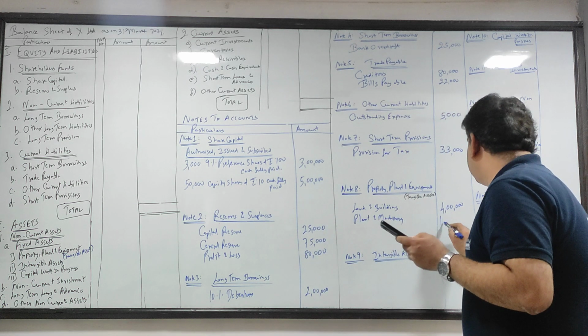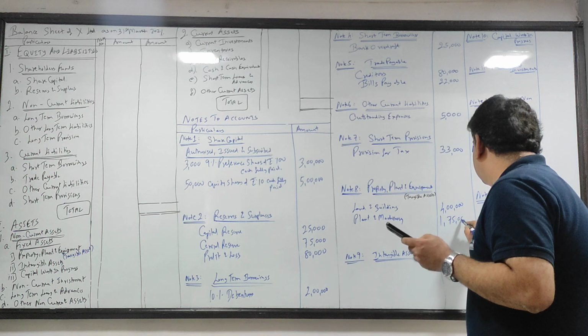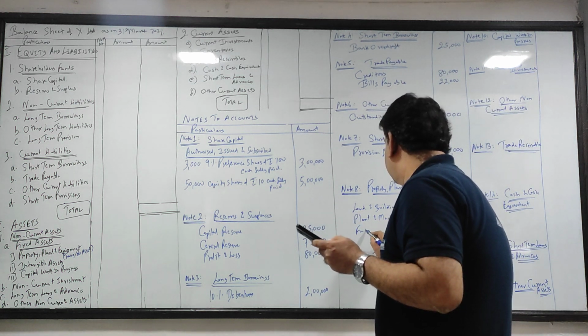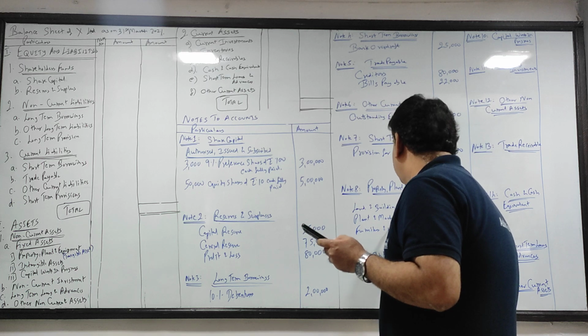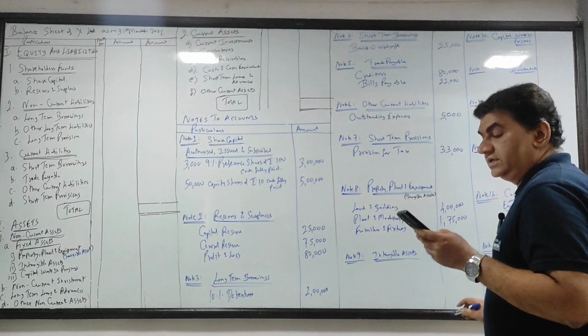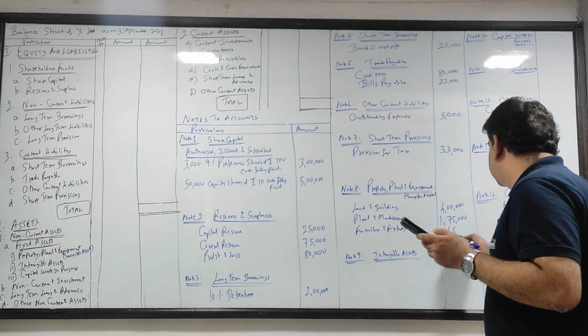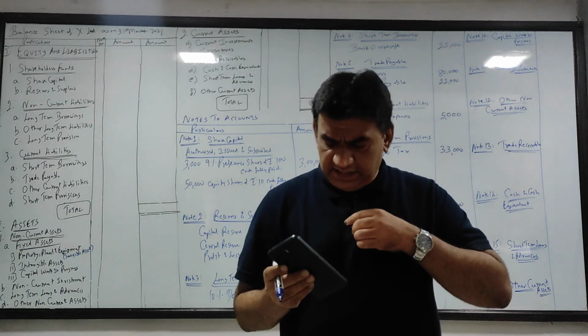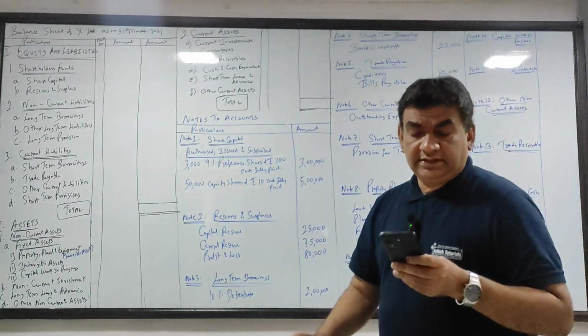Plant and machinery 175,000. Furniture and fixtures, that is 45,000. Getting it? Property, plant and equipment.